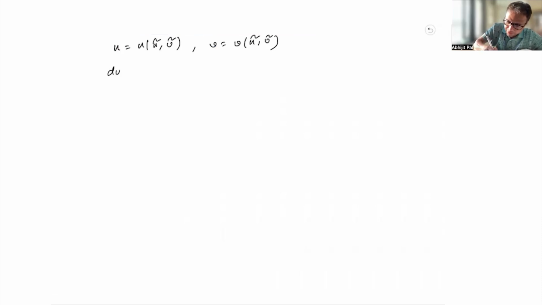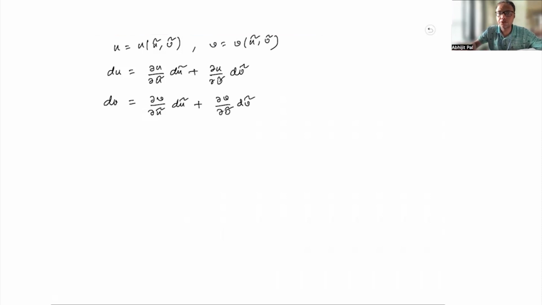And now if I take du, it will be equal to del u by del u tilde du tilde plus del u by del v tilde dv tilde. And dv will be equal to del v by del u tilde du tilde plus del v by del v tilde dv tilde.